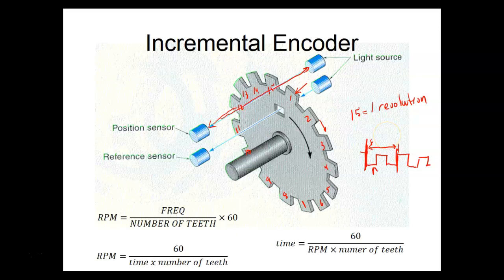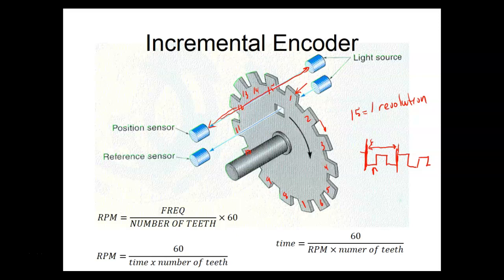The faster the motor runs, the less the time would be. The slower the motor runs, the more the time would be. So if the time goes up between pulses, it means speed's going down. If the time between pulses goes down, then it means the speed is going up.